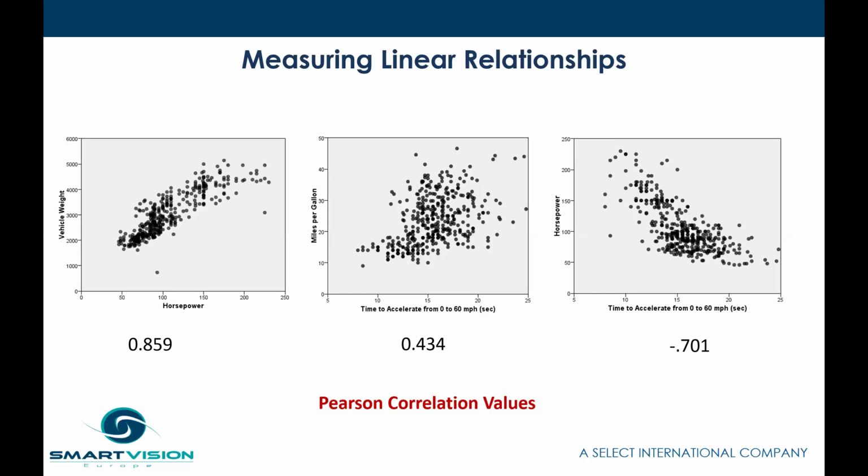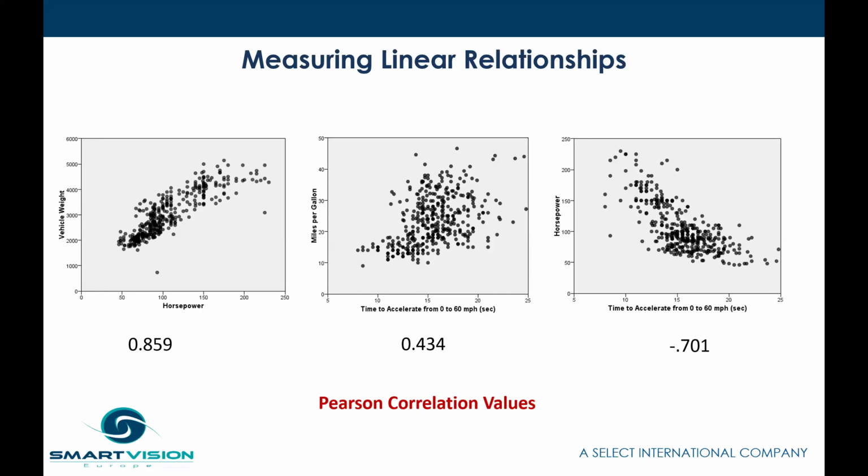Well, what does that mean? Correlation values run between 2 extreme points, and they can't exceed those, -1 to +1, with 0 in the middle. The closer it is to +1, the stronger the positive relationship, and the closer it is to -1, the stronger the negative relationship between the two factors.